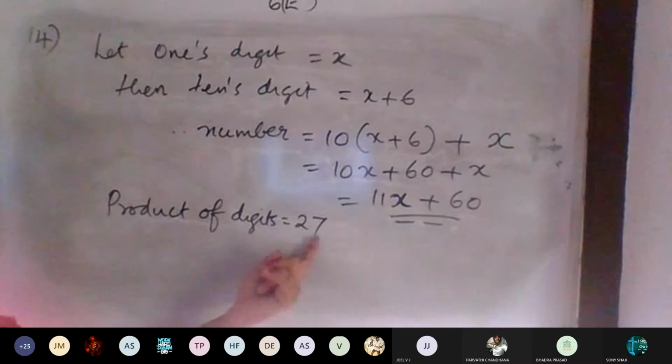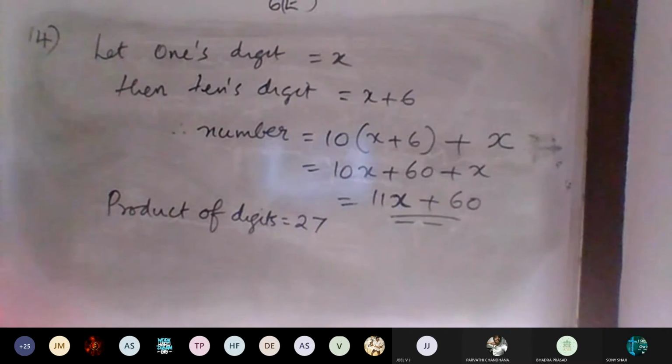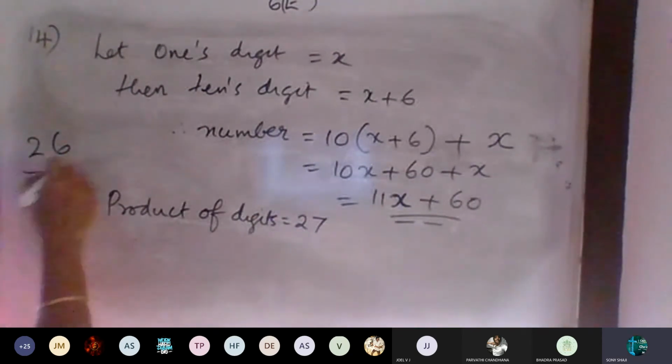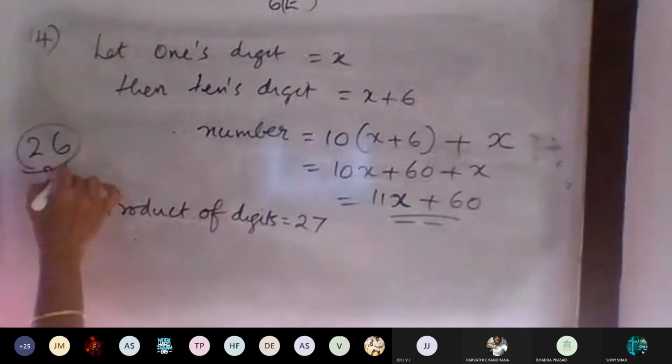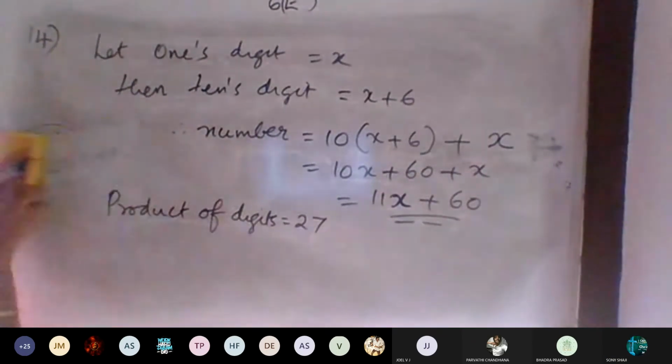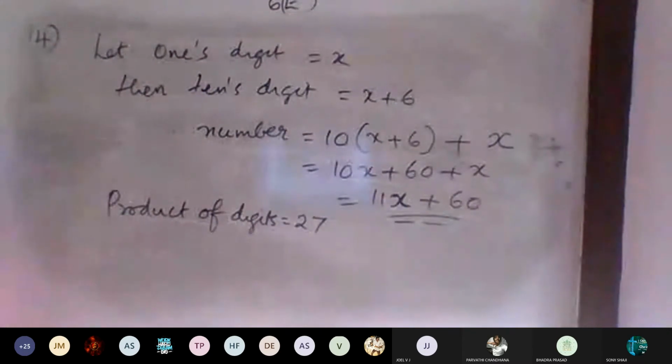Okay. The product of digits is given as 27. So how can we write the product of digits? x into x plus 6 is equal to 27. If you are taking 2 and 6, the product of digits is 12. In the same way, the two digits are x and x plus 6.